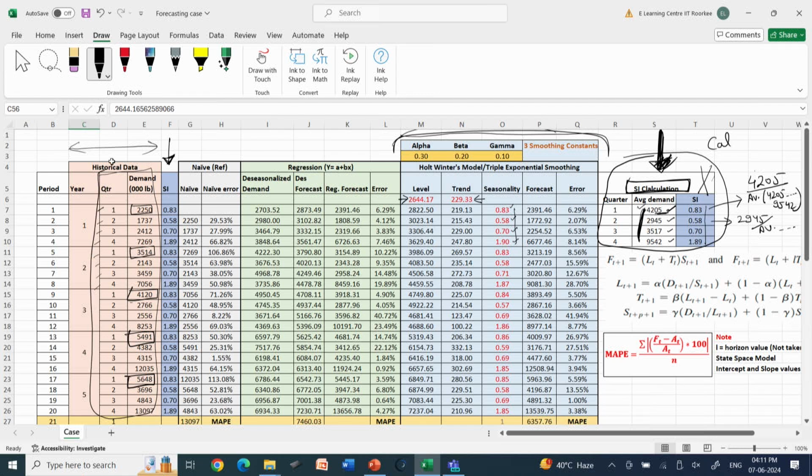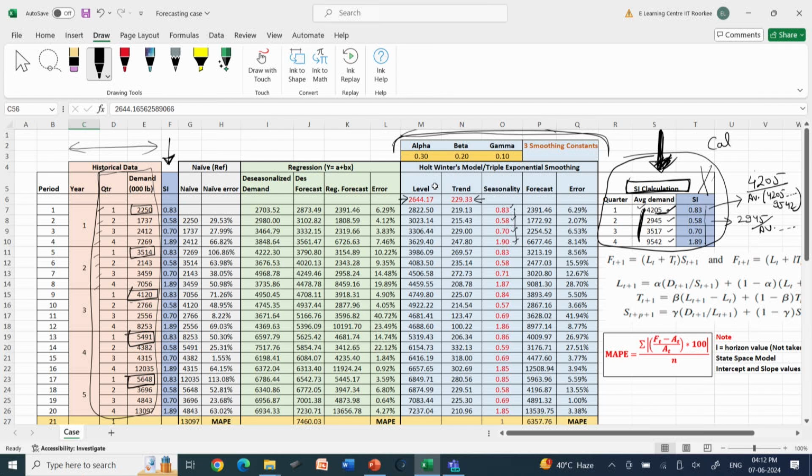This gives me the scope of creating a deseasonalized demand, because when I am talking of 2250, 1737, 2412, etc., there is a seasonal component of 0.83, 0.58, 0.70, 1.89. With this seasonal component, this regression equation is not possible or will not be a good idea.